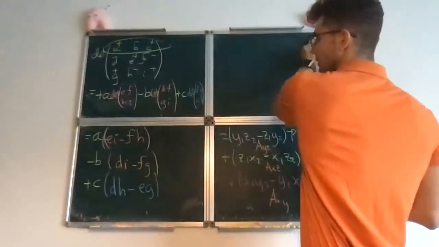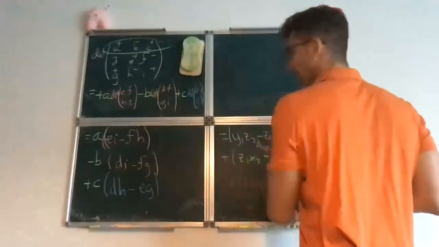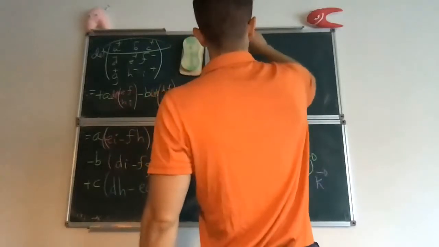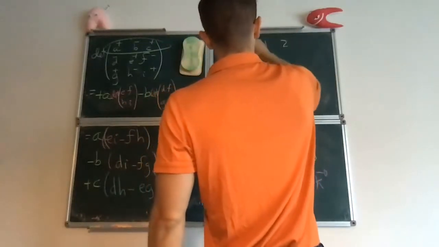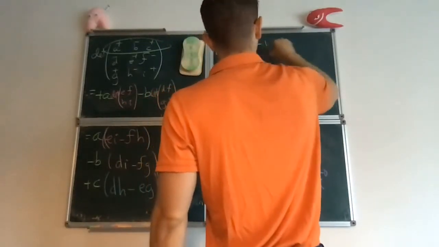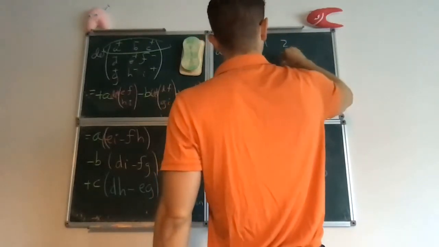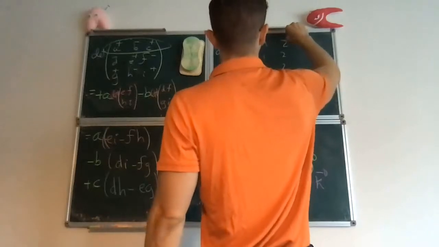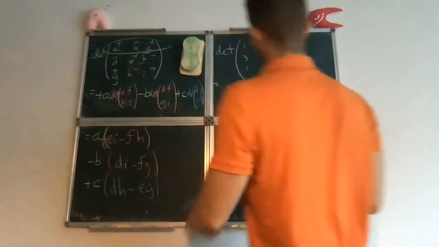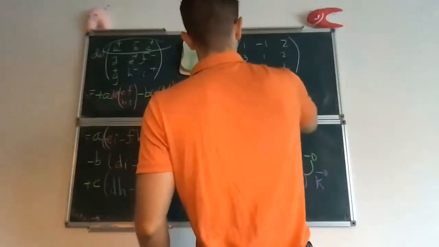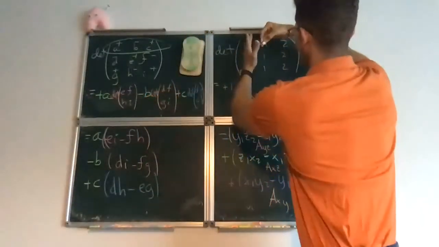For example, what is it for this particular array? What's the number? Well, again, it is plus 1 times the determinant that you get by erasing first column, first row.